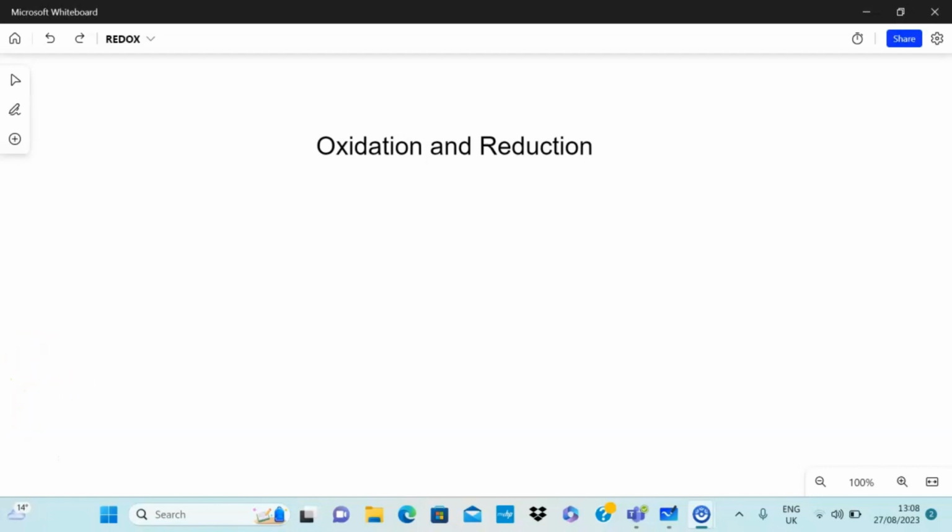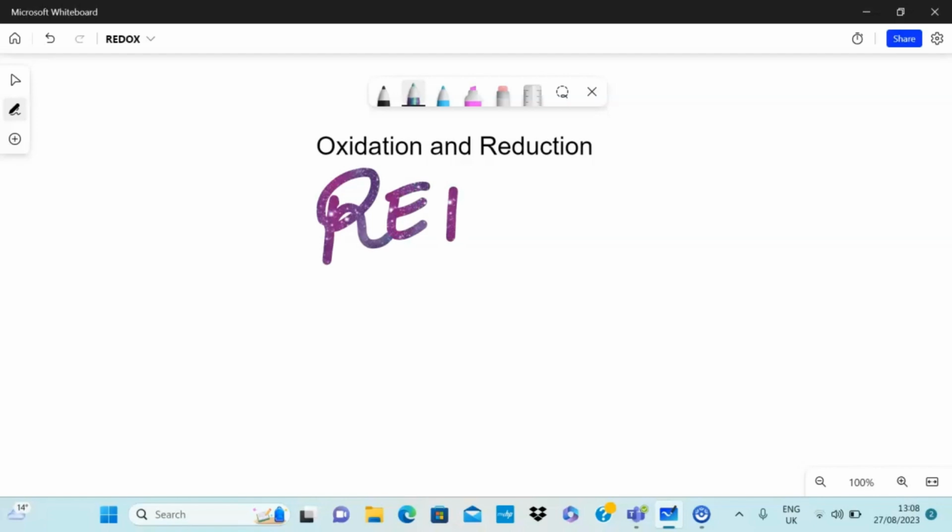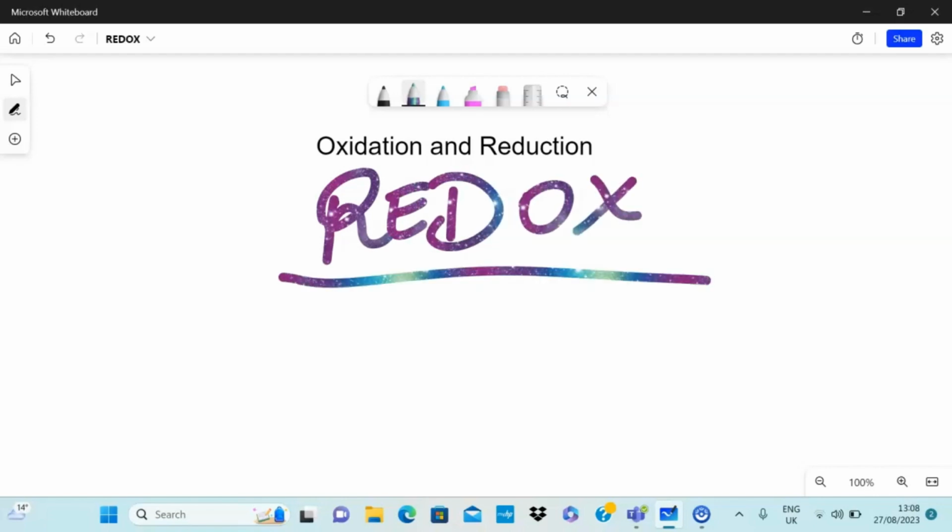So, as the title suggests, it's going to be oxidation and reduction. Oxidation and reduction is also known as redox. And good thing, this is a very timely suggestion because redox is something that I'm going to be doing in the next section of the titrations. So if you don't know the basics of redox, you wouldn't be able to do that titration that well.